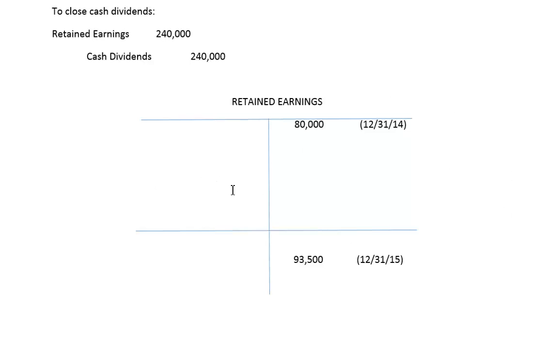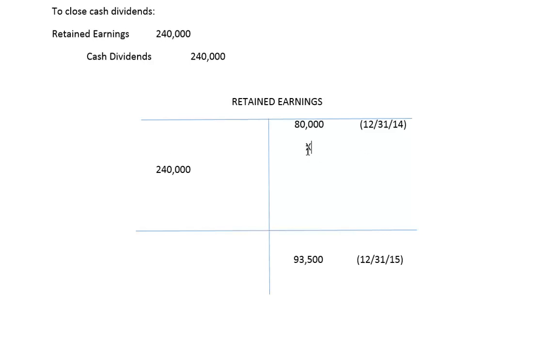So what happened during 2015? Well, one thing we know is that we declared cash dividends, which we just said here in the closing process reduces retained earnings. So we would have to figure out here what number X we added to the retained earnings opening balance.